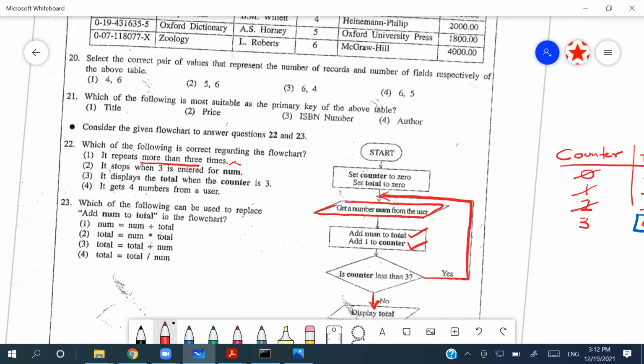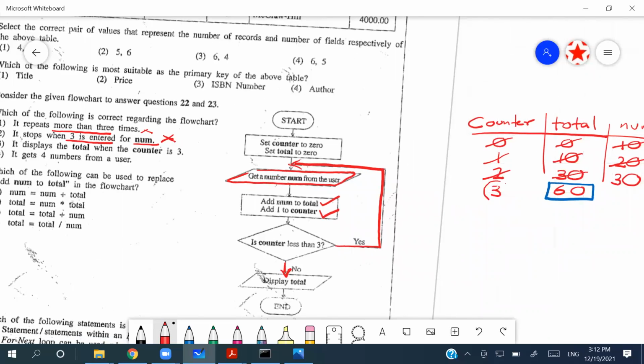It stops when 3 is entered for num. That is wrong, because it stops when the counter is 3, not when 3 is entered. It displays the total when the counter is 3. Yeah, now that's true, right? When the counter value is 3, it displays the total.